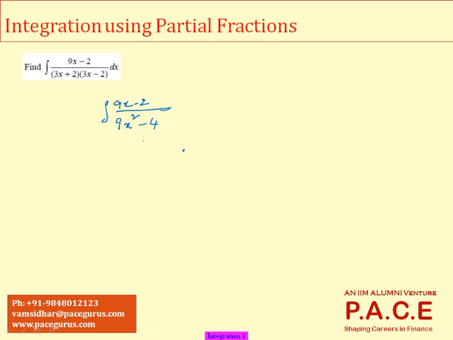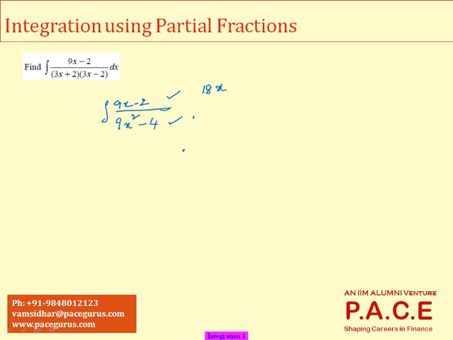So if I want to check whether this is f of x and this is f dash of x, the f dash of x is 18x. I don't have 18x in the numerator, so it becomes difficult for me to directly solve this kind of expression.